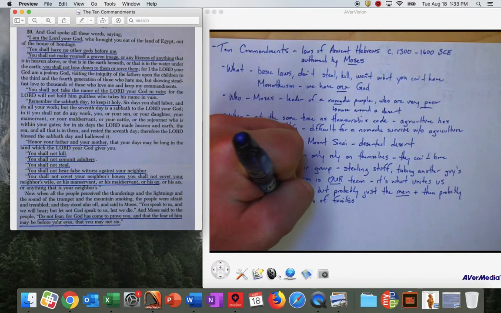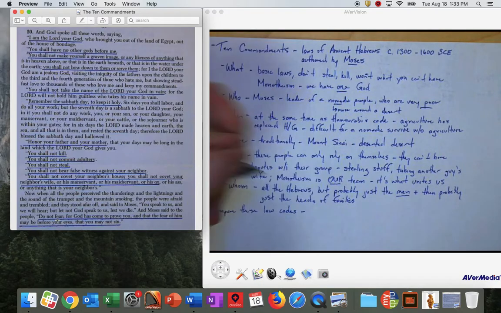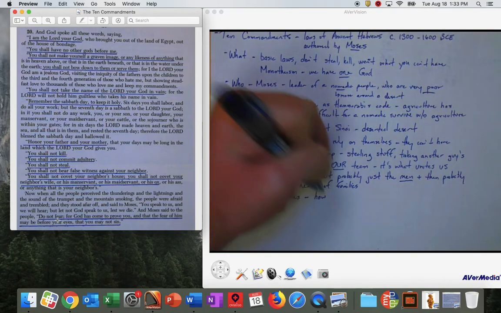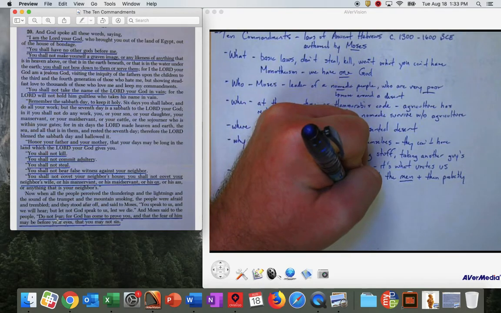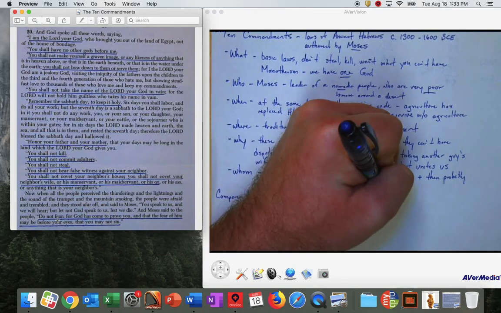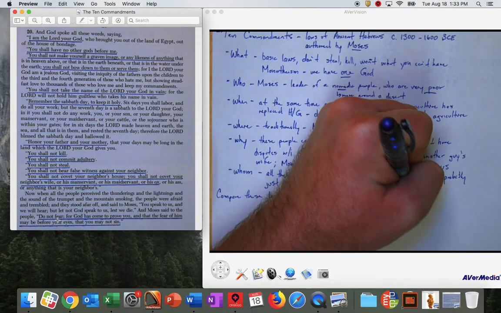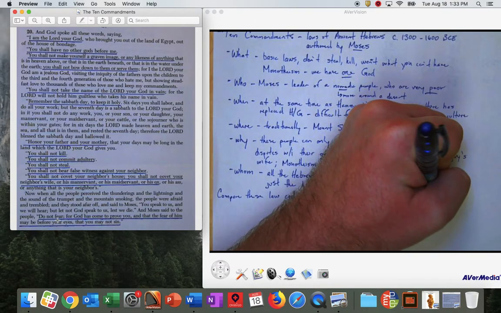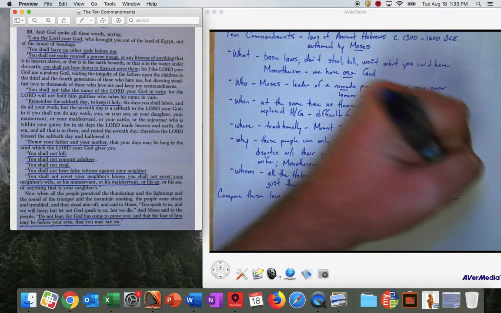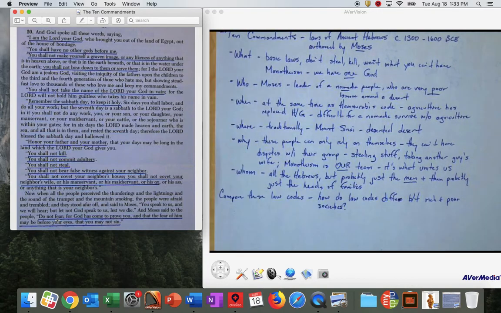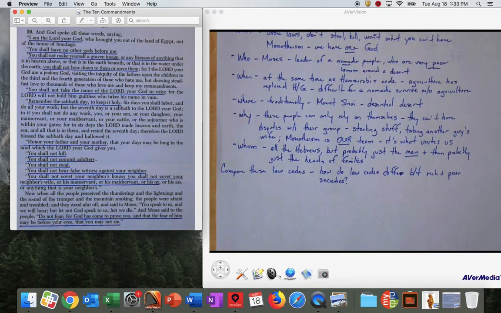And we're not going to do that now, but we could now answer questions like, how do law codes differ between rich and poor societies? What kinds of similarities and differences could we say?